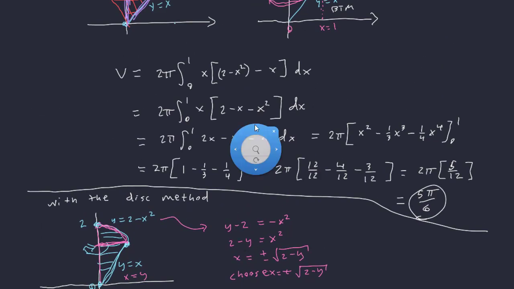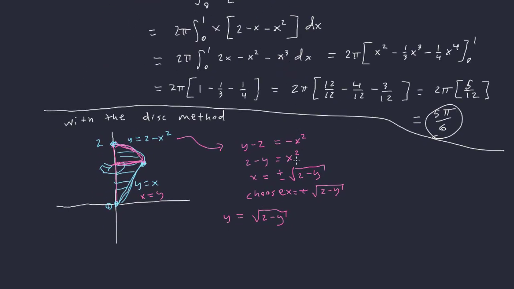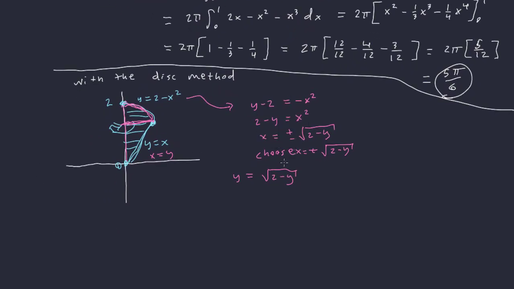So if we've already solved for the x value here, we could plug that into one of these and get, in both cases, that y is equal to 1. But I'm pretending now that I approached this with only the disk method and I hadn't done that yet. Okay? And that's just to show that this is a trickier thing to solve for. We could find the intersection here, but we might not have thought to do it in terms of x's first when we're trying to get our integral in terms of y.